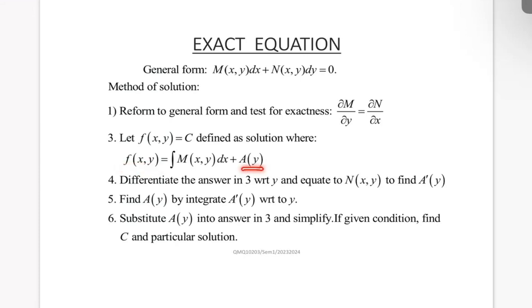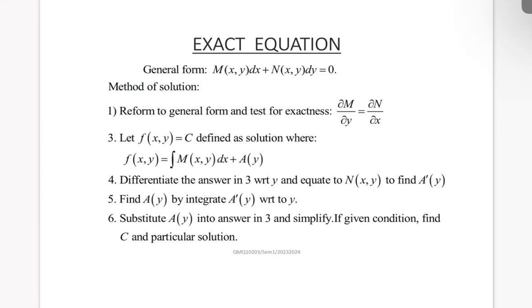Then you differentiate f(x,y) with respect to y. So first you integrate with respect to x, and then you differentiate with respect to y, and this one will give g prime of y. The derivative must now be set equal to function N, so equate it to N(x,y). And then you identify what g prime of y is.